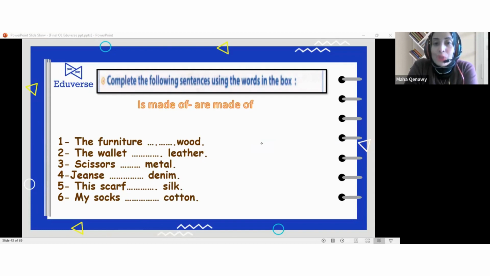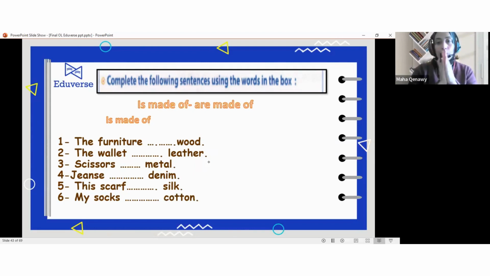I do not count furniture, as well as money, information, research, rice, water, juice, coffee, tea, gold. All of these are uncountable words which take the singular verb is. Furniture is made of wood. That's right. If you touch it, you're going to find the material it's made from, or of, is wood.